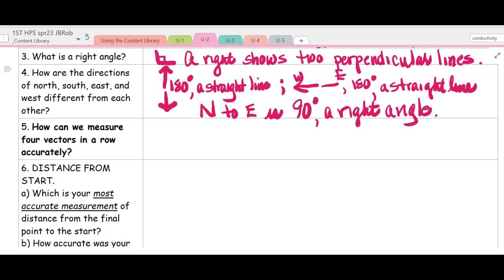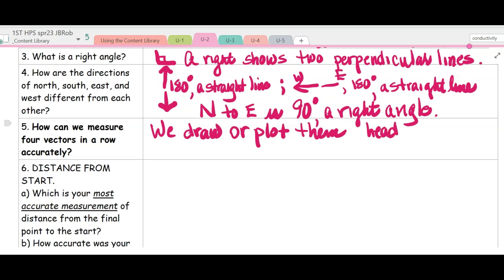How can we measure 4 vectors in a row accurately? We draw them or plot them head to tail, like we did here, where we have one going up and then one going just like that.